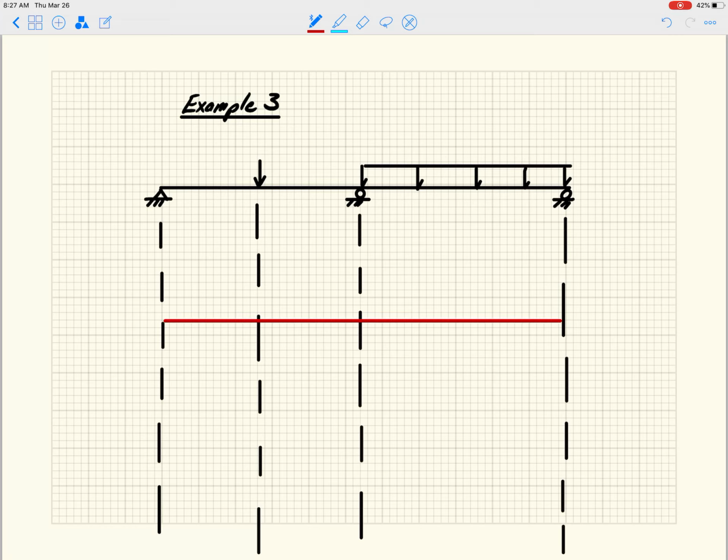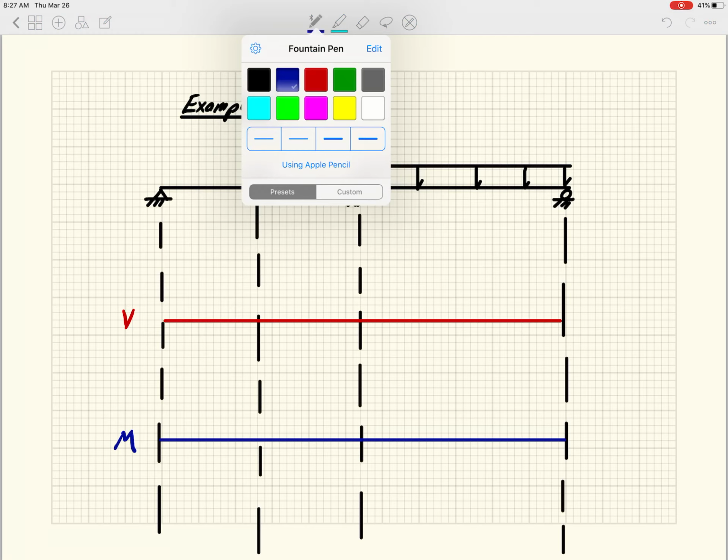Okay, so then this is my shear diagram, and we'll do our moment diagram here, like that, right? Okay, so this is V, and this is M.